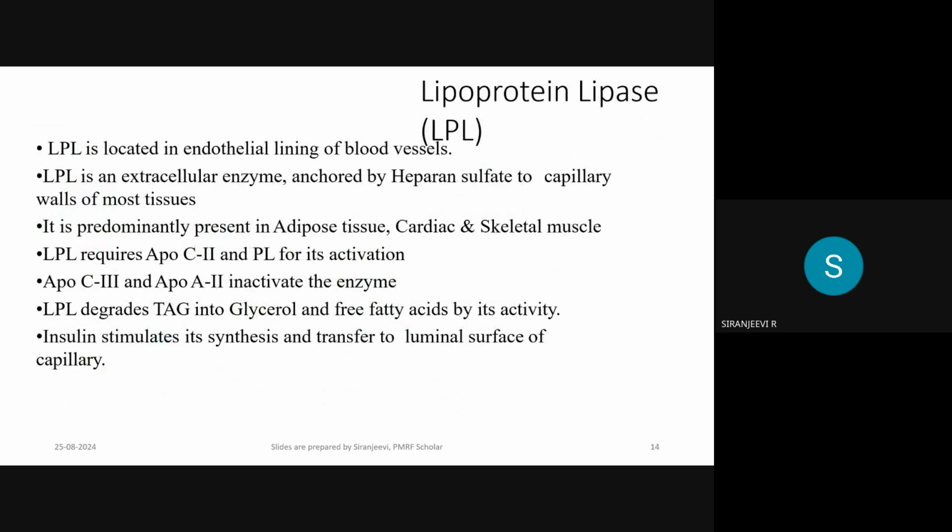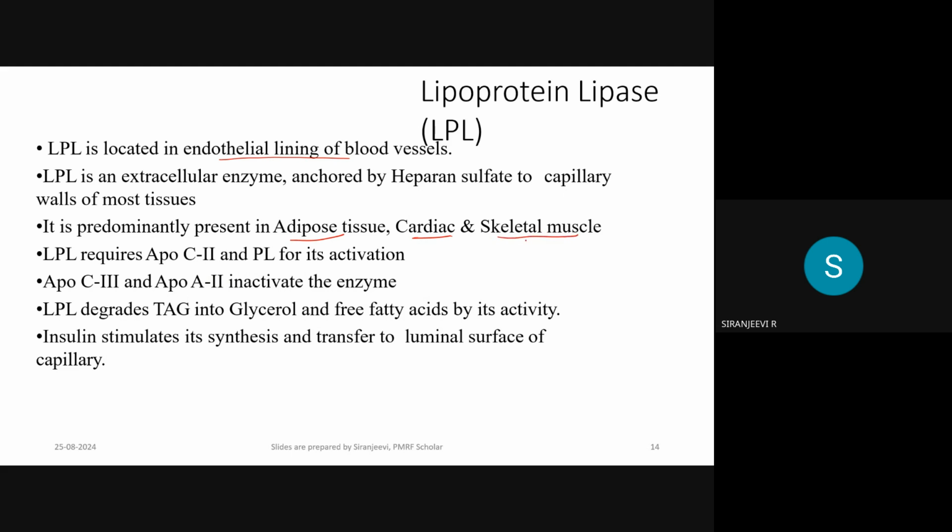So the lipoprotein lipase, as I already told, is located in the endothelial lining of the blood vessels. Lipoprotein lipase is an extracellular enzyme anchored by heparan sulfate to the capillary walls of most tissues, and it is predominantly present in adipose tissue, cardiac muscle, and skeletal muscle.